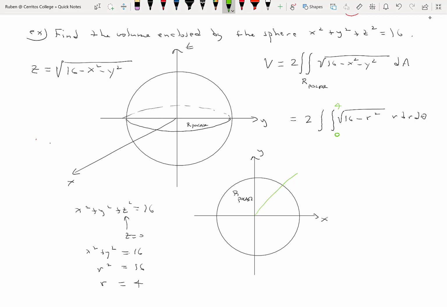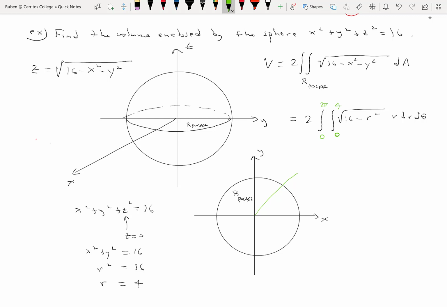And then what will theta have to do to sweep that green line around the entire region? Theta varies between 0 and 2 pi. And that's the iterated integral that gives us the volume of our region.